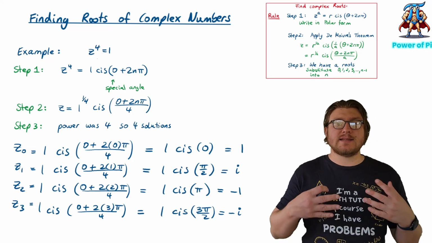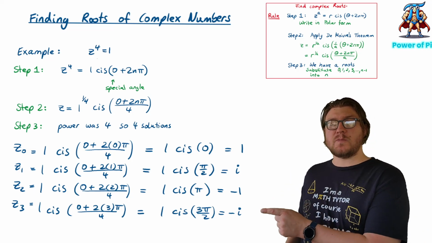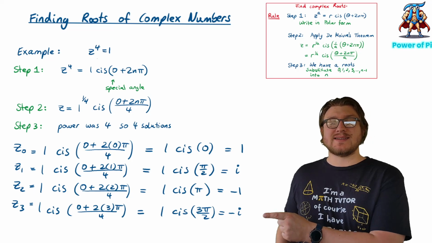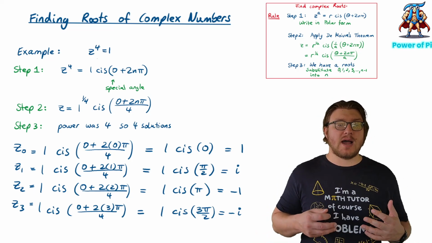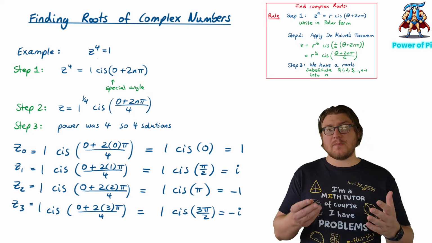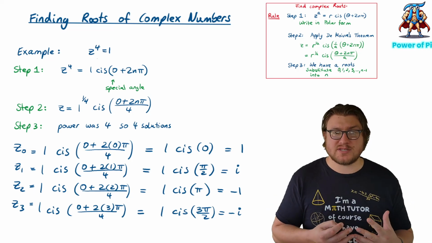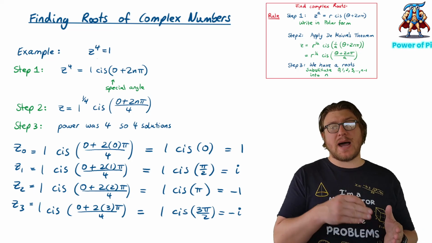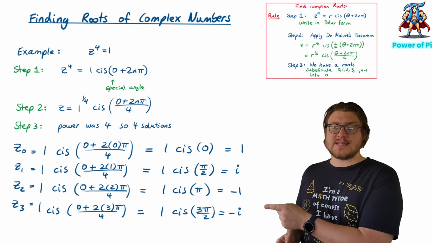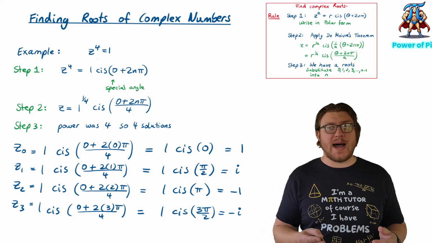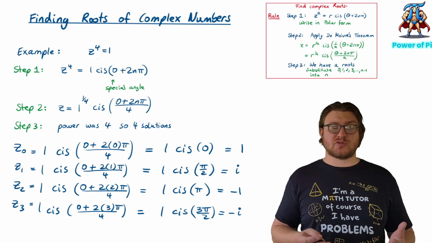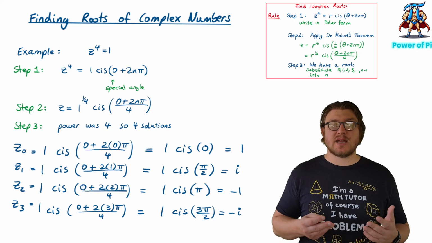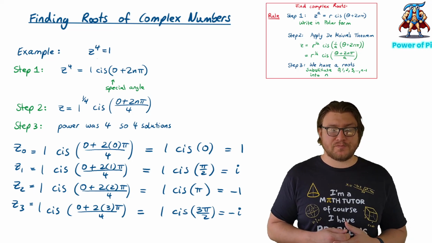Now, in some situations, you would be required here to write this as your principal argument. And remember, I usually consider the principal argument from negative pi to pi. This is clearly not from negative pi to pi. You would have to subtract 2 pi here to get negative pi over 2.